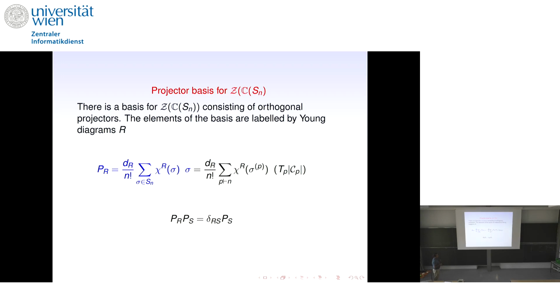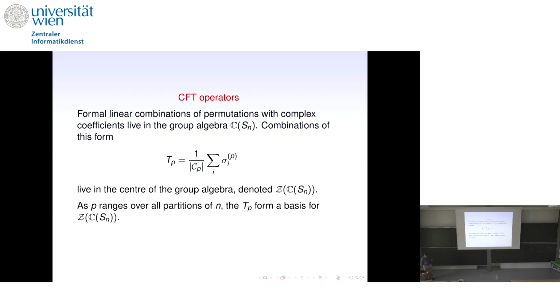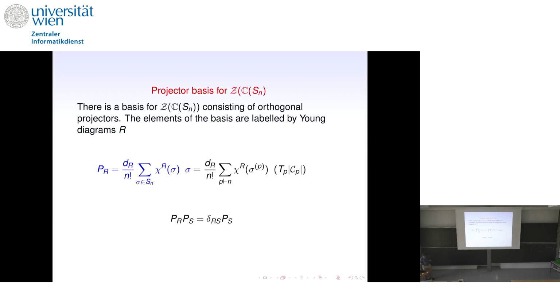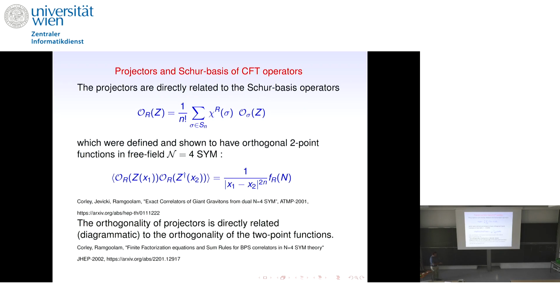You multiply two of them, you get 0 if they are distinct, and you get just P if they are the same. So that's a projector equation. So that's a change of basis within the same algebra. We have gone from the basis of these T sub P's to the basis of projectors.